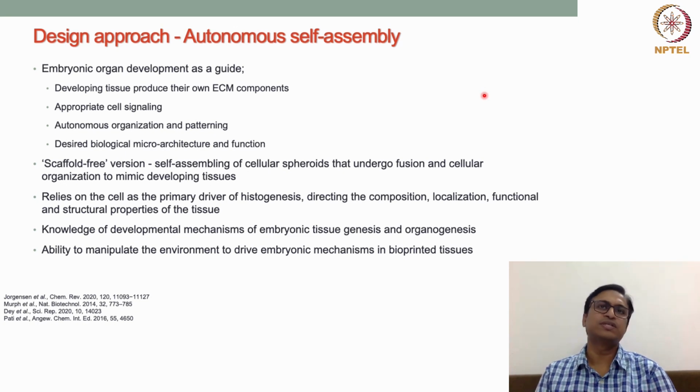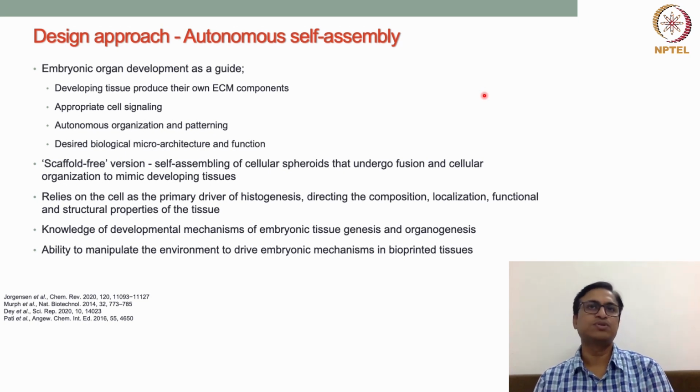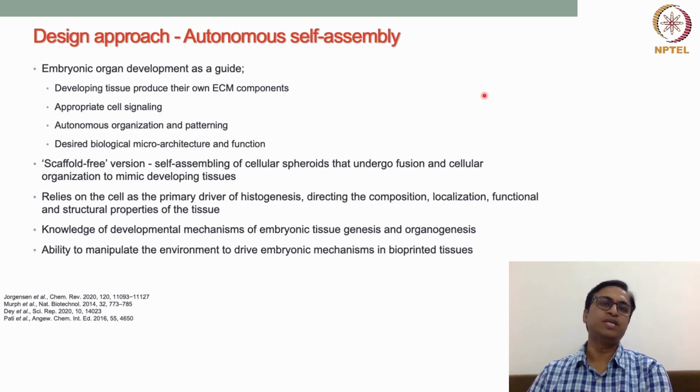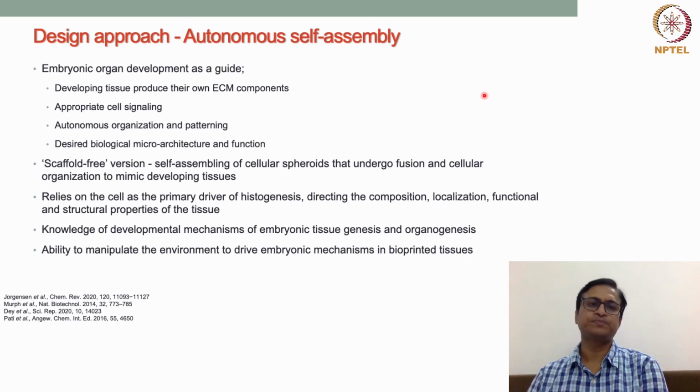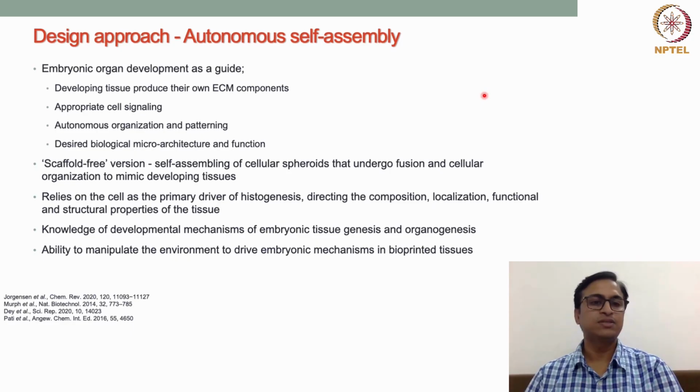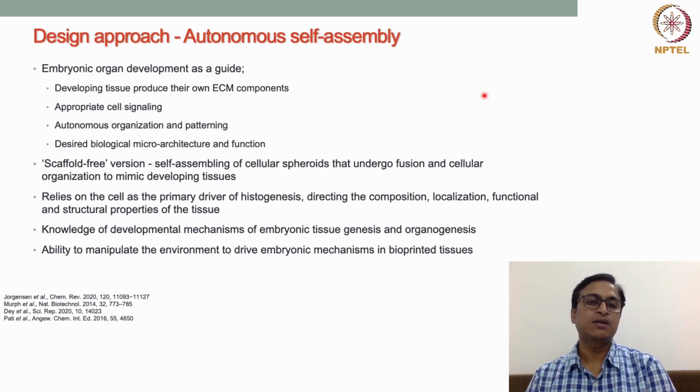Certain cell signaling and other factors are of course present, but we need to understand that too, because in organ bioprinting we can take a clue from how this organization and patterning happens, and if we can recreate it, that will be the most biomimicking design that can help us achieve that goal.